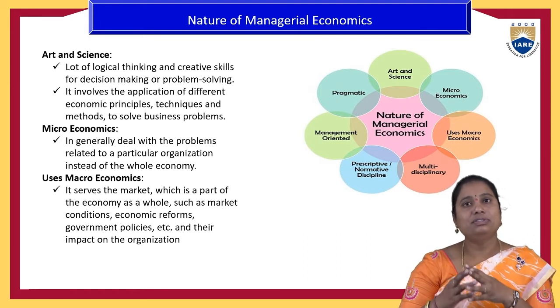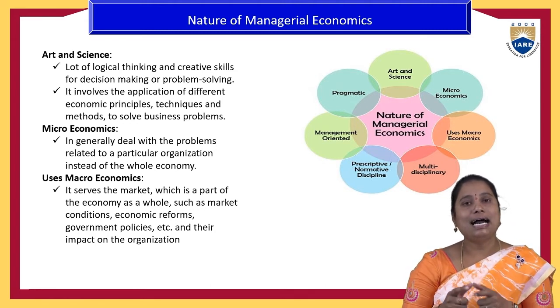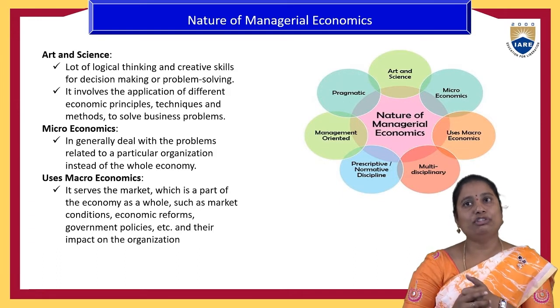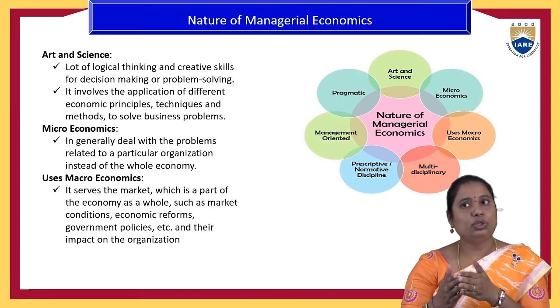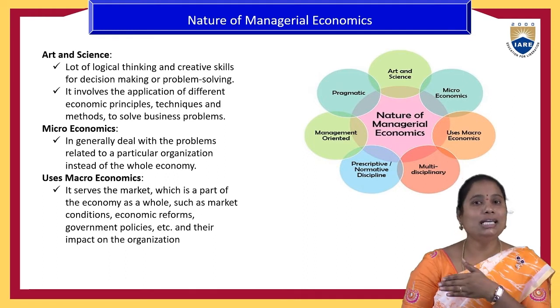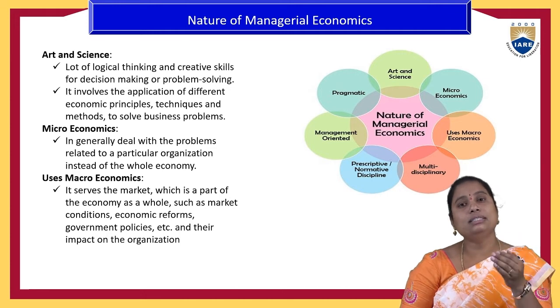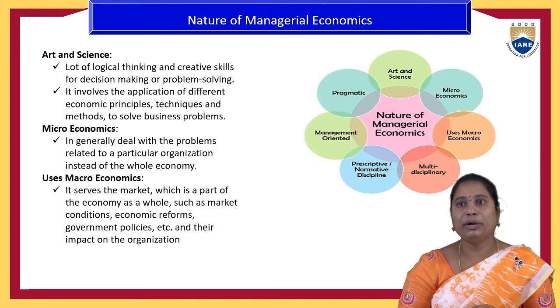The first element is art and science. The nature of managerial economics is that it is an art and science, it is very closely related to microeconomics, and it works as a backdrop of macroeconomics.